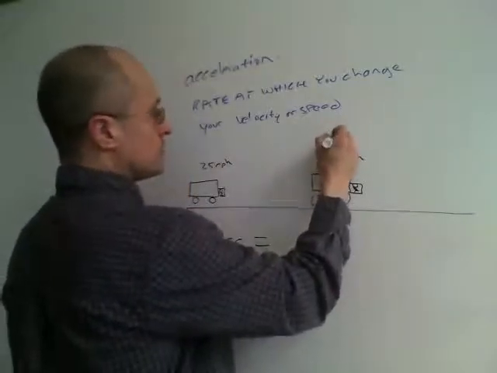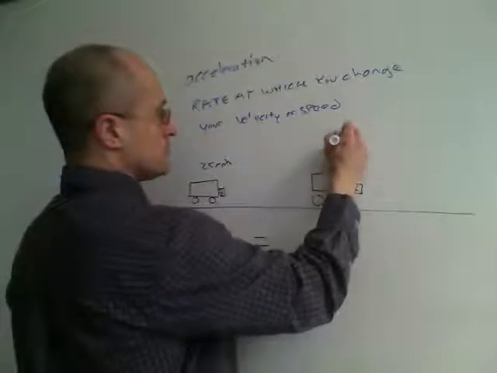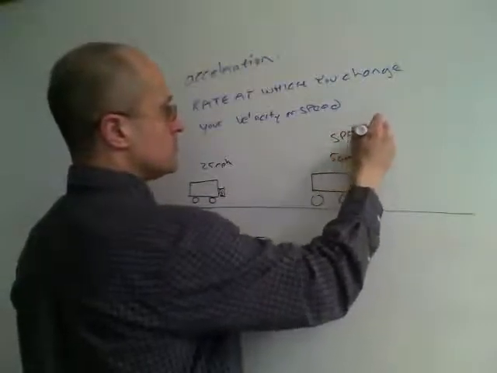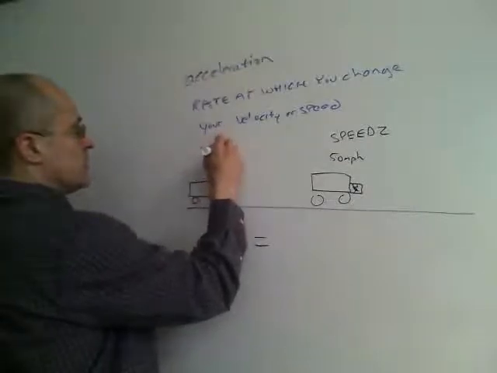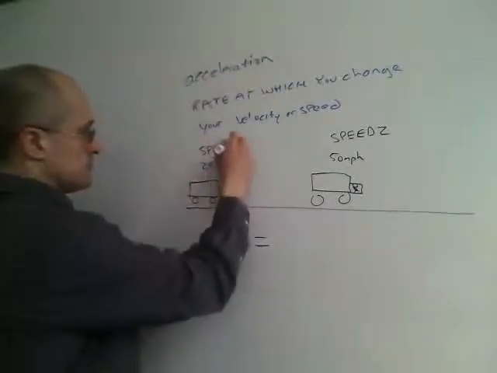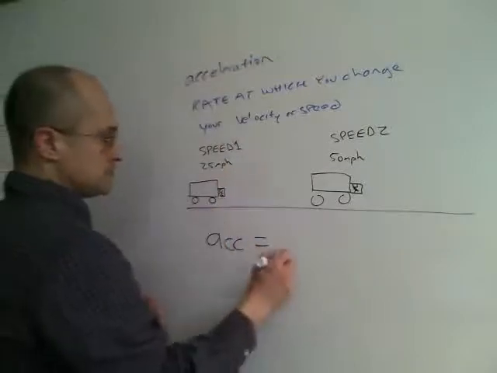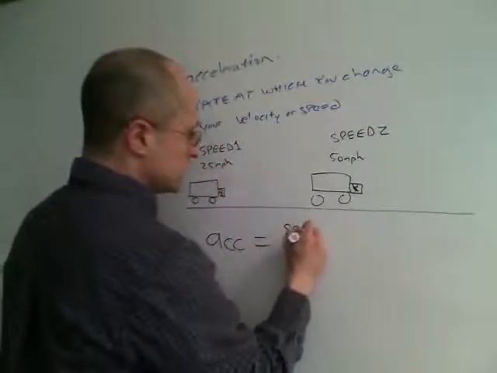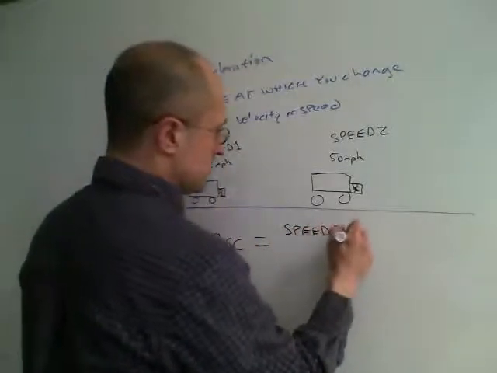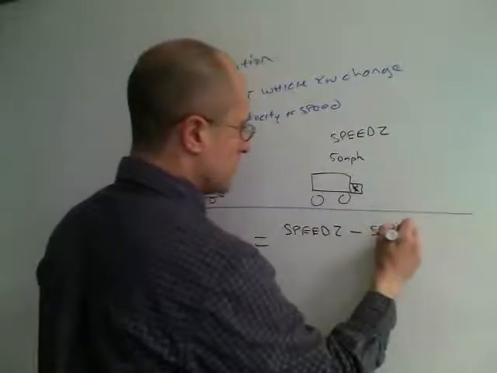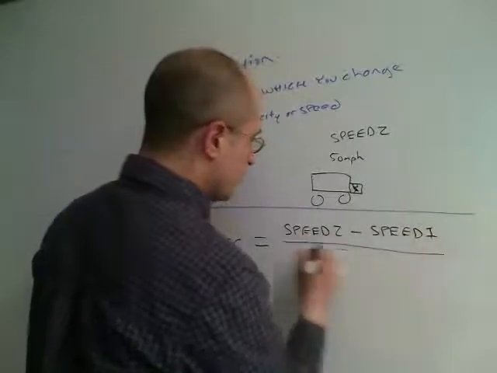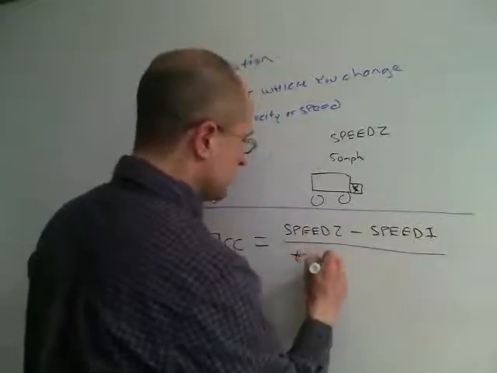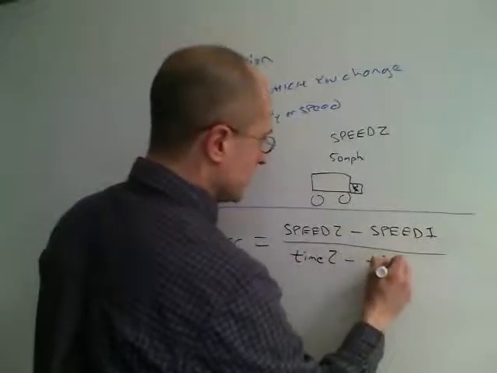Let's say we call this your speed 2, your speed at position 2, your speed at location 1, speed 1. It's the difference in your speed, speed 2 minus speed 1, over time 2 minus time 1.